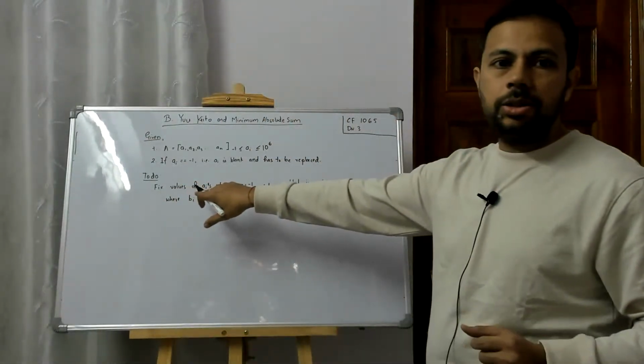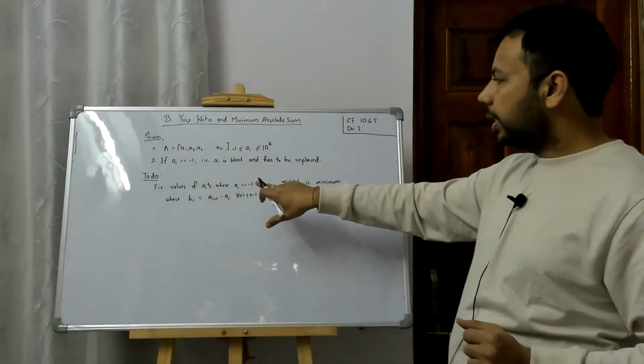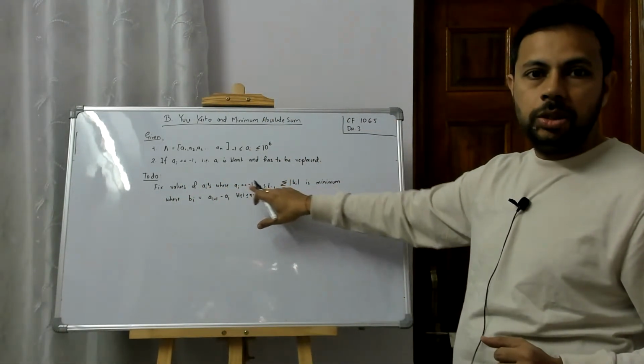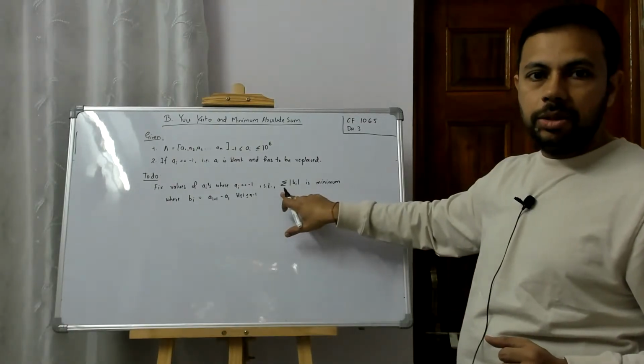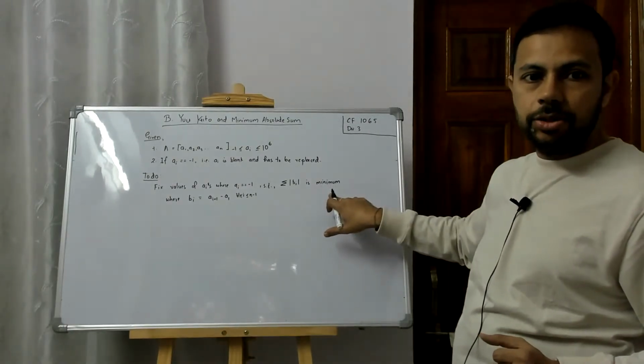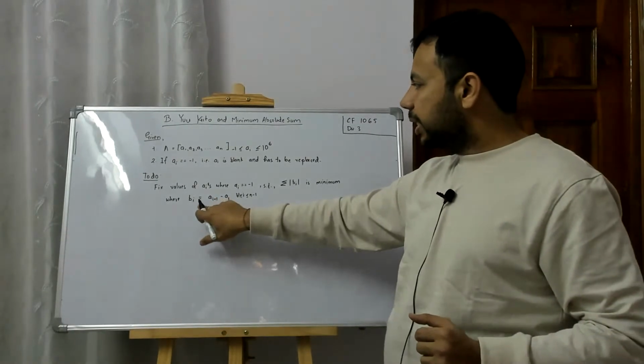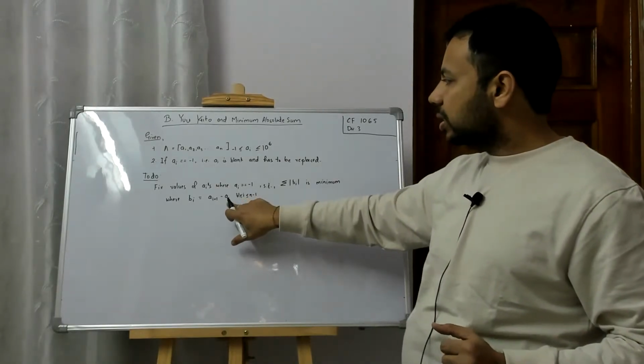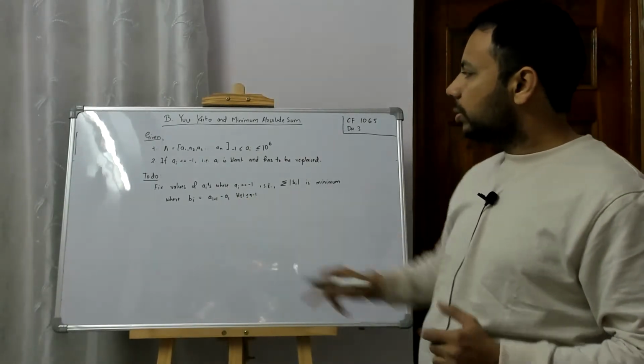So fix values of ai where ai is -1 such that sigma bi is minimized, where bi is equal to ai plus 1 minus ai, i from 1 to n minus 1.